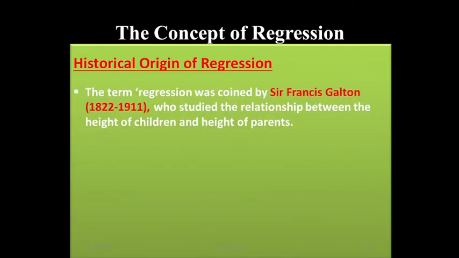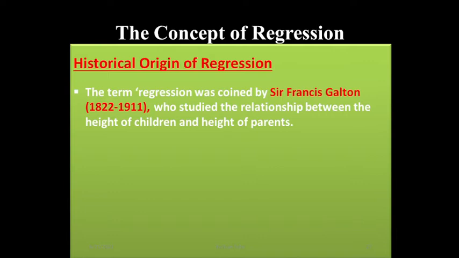Historically, the term regression was coined by Sir Francis Galton, who lived from 1822 to 1911, and who studied the relationship between the height of children and the height of their parents.